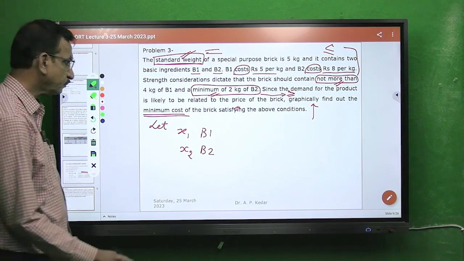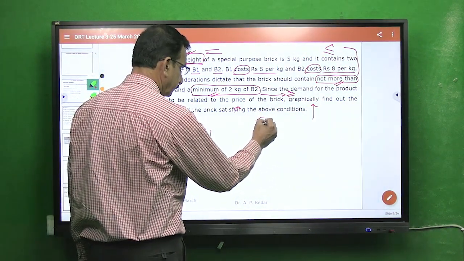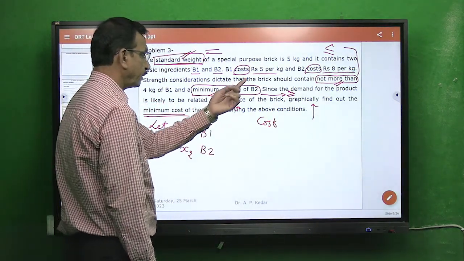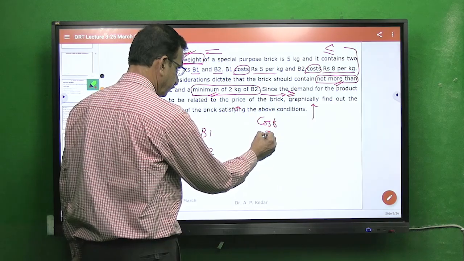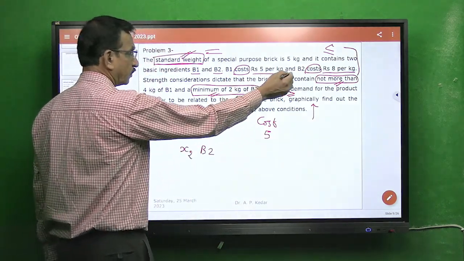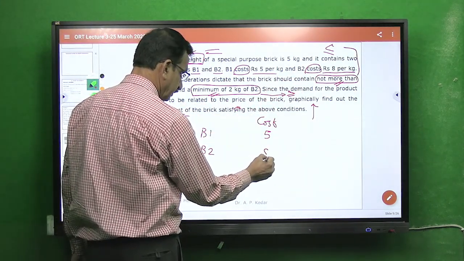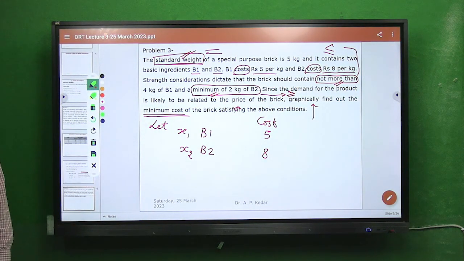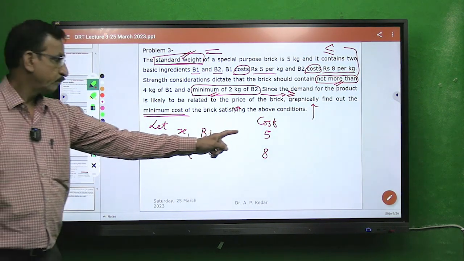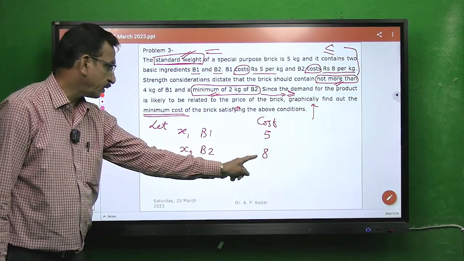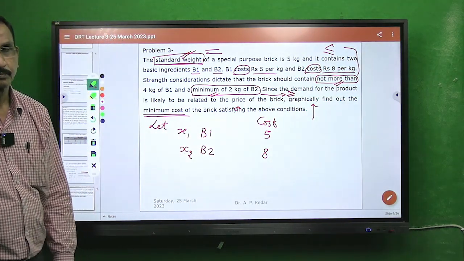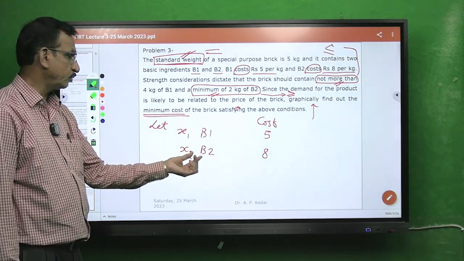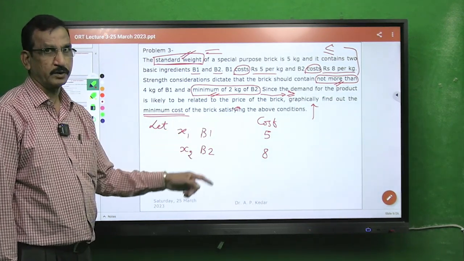Clear? Cost is given. Cost for B1 per kg is mentioned as 5 and cost for B2 per kg is mentioned as 8. So my objective function is ready. It is 5x1 plus 8x2. Now these B1 and B2 are used in limited quantity.